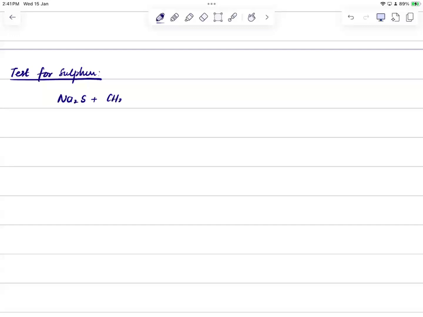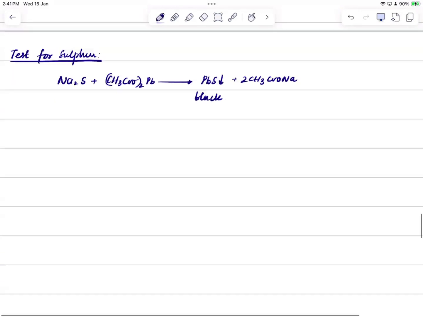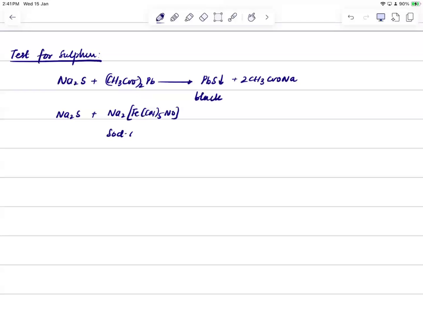Then we treat this with lead acetate, by which we will get a black color precipitate of PbS, plus 2 moles of CH3COONa. This is test number one. The other one, which is a main test, is that if you take Na2S and react this with Na2[Fe(CN)5NO], which is called sodium nitroprusside.